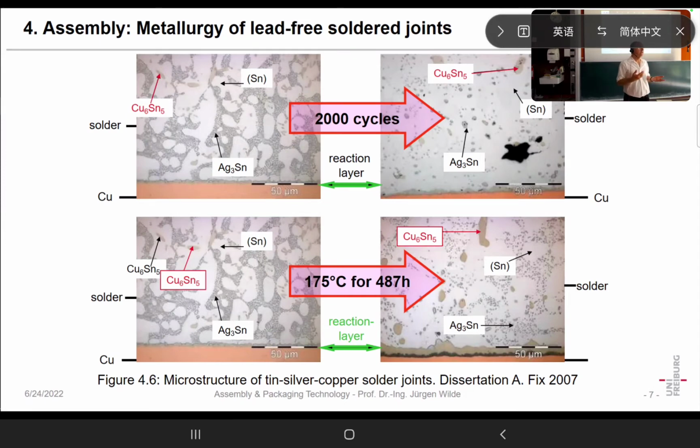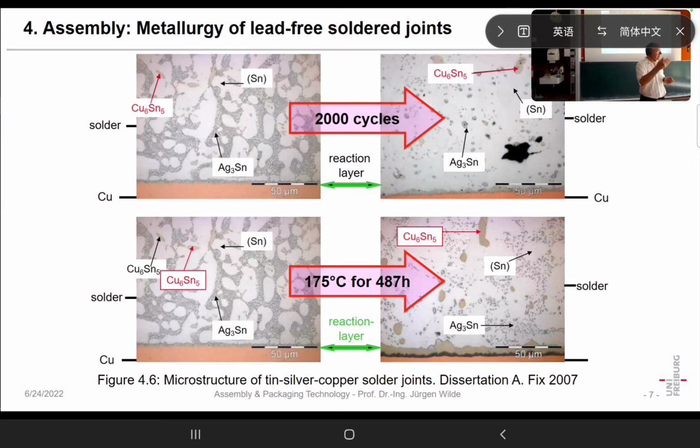That is contrary to all materials we have in technology for construction or for structural applications. So you're sitting on a chair made of steel tube, and that steel tube will not change. If it doesn't corrode, it's still the same steel.